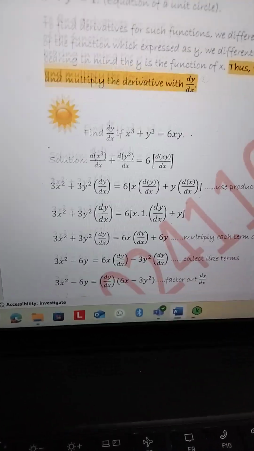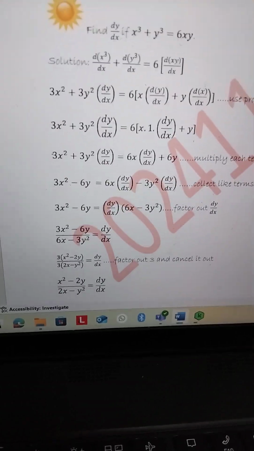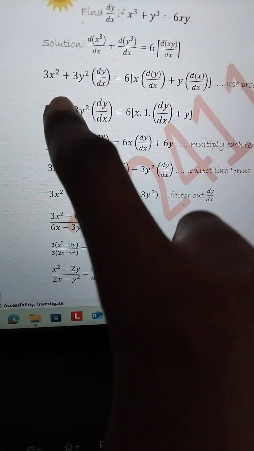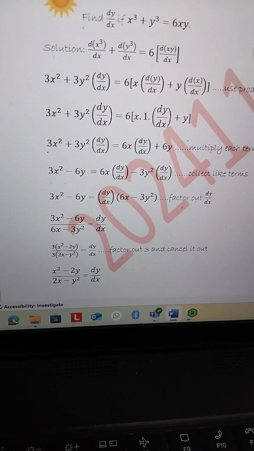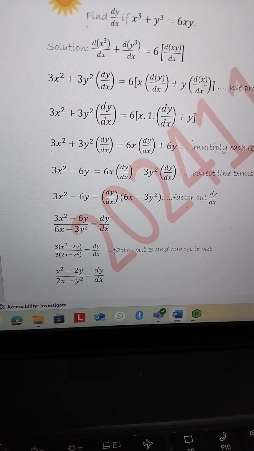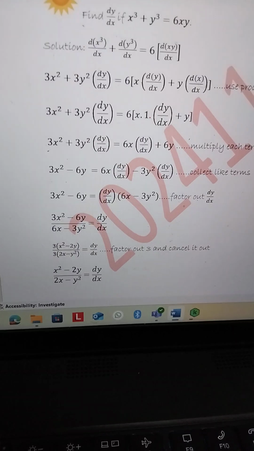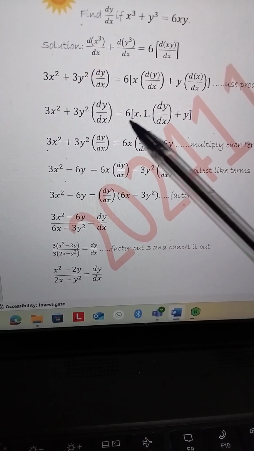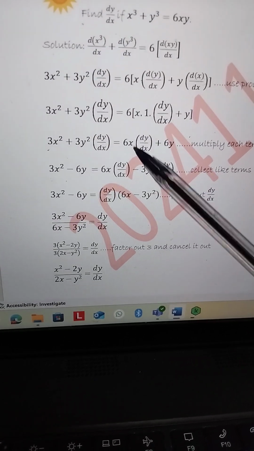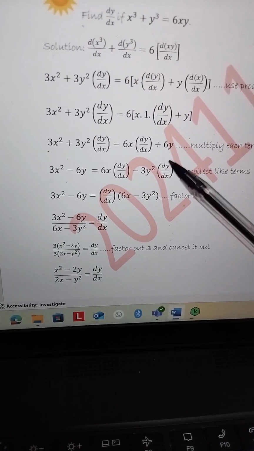Right, and then we have 3x squared plus 3y squared dy/dx is equal to now 6 multiplies everything inside the brackets. So it will be 6x dy/dx and then 6y.